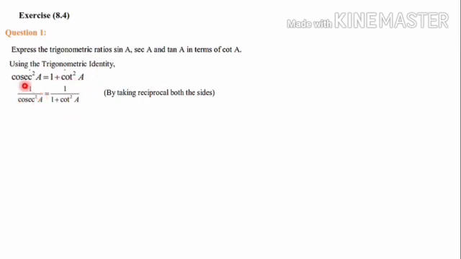Why have we taken reciprocal? Because we need sin A. Reciprocal ratio we have studied, 1 by cosec A is sin A. So 1 by cosec square A is sin square A.